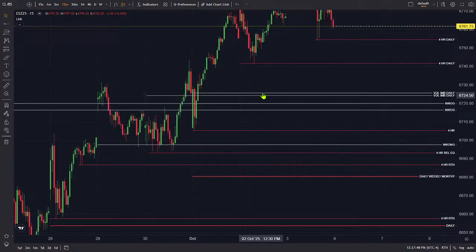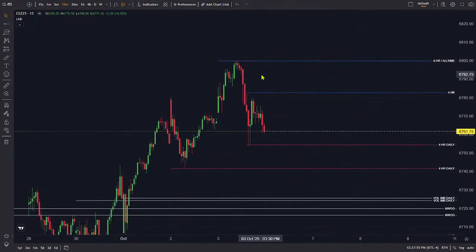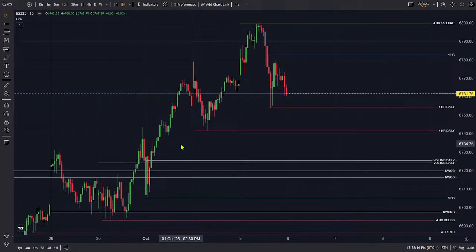And ICT also says anytime you see a cluster of these, it will be a magnet for price. Will it go up another? I mean, we already hit 6,800. That seems to me like a psych level. As soon as it hit it, we started pulling back. So will we continue to go down? I would like to see us take out this right here, fail to go any higher, and then start offering into these.